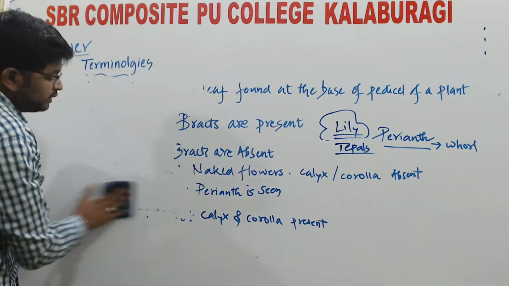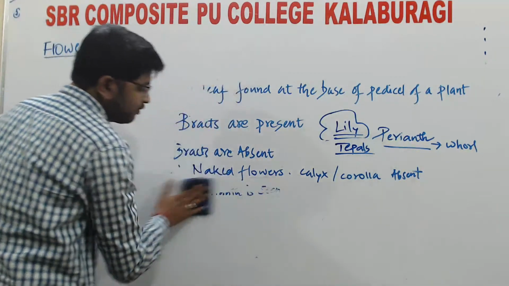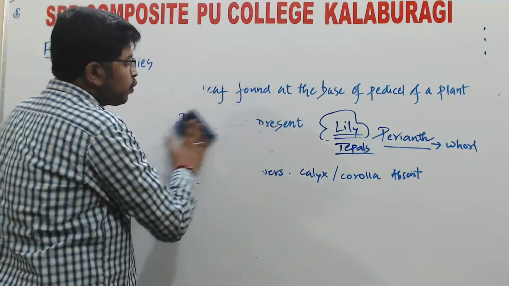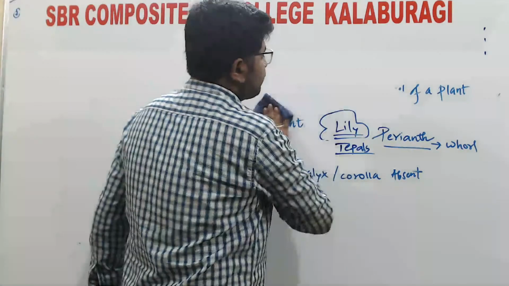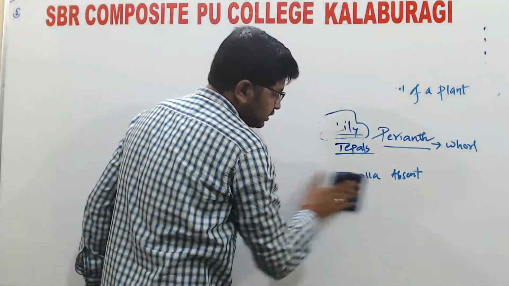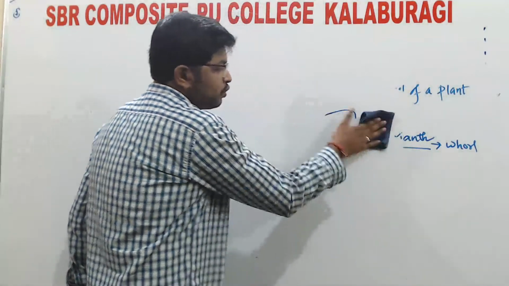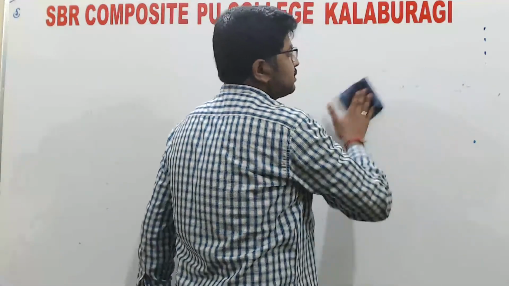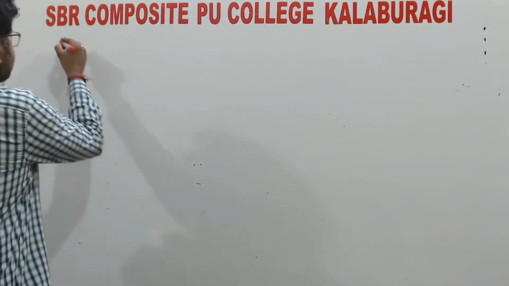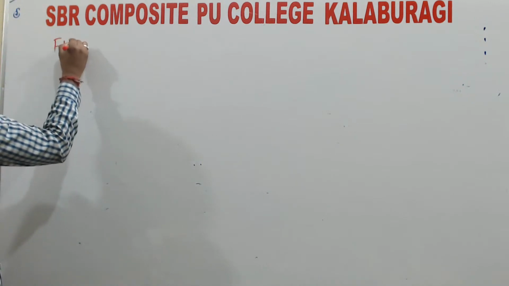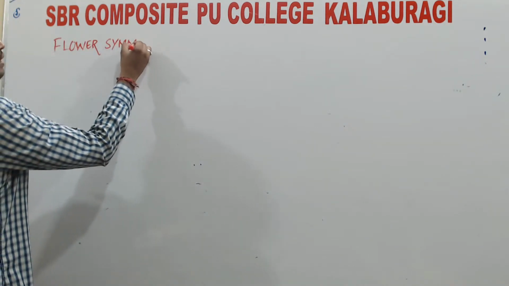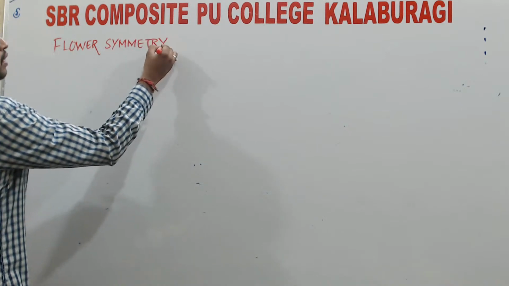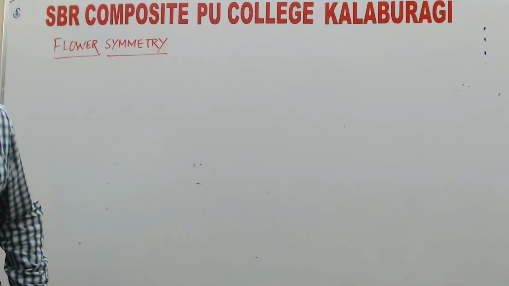Now, the arrangement of the floral parts or floral organs around the floral axis, we call the floral symmetry. What is flower symmetry?